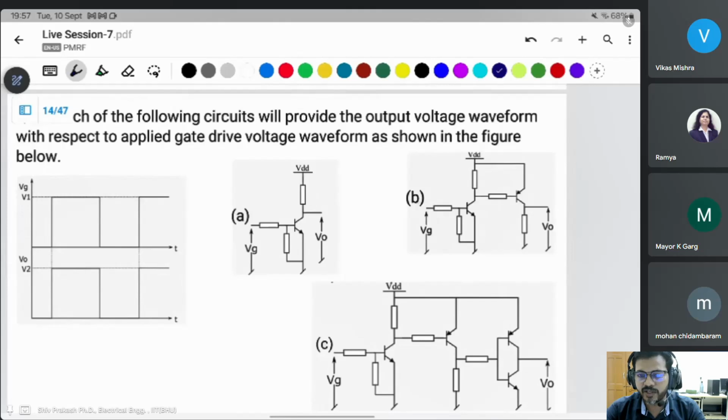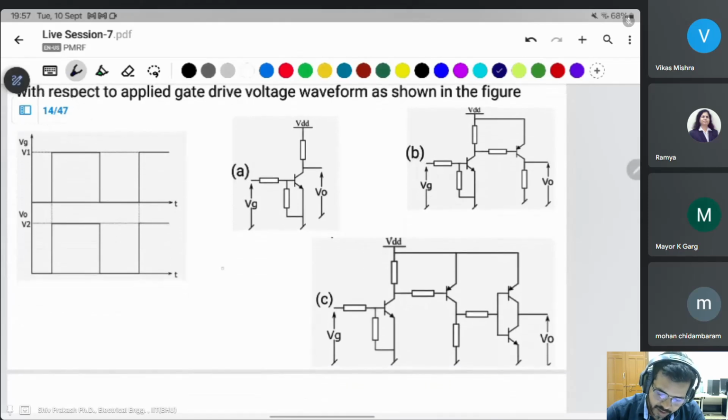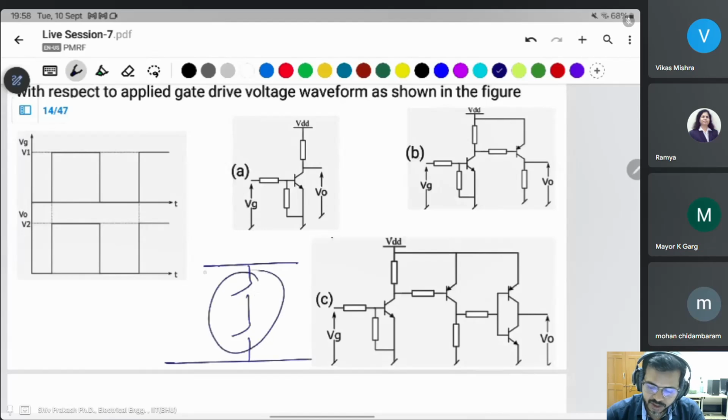But sometimes there is a need for an inverted voltage also. You know about a leg of an inverter. There are just two switches, which turn on and off in a complementary method. If this one is on, this one will be off, and when this is off, this will be on, like 1010. They need this requirement.